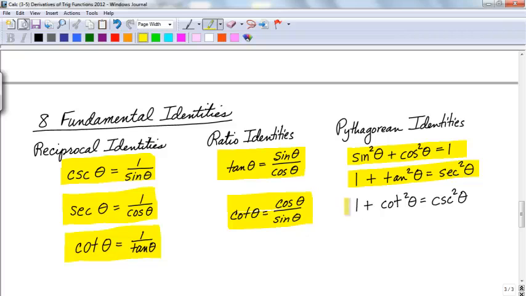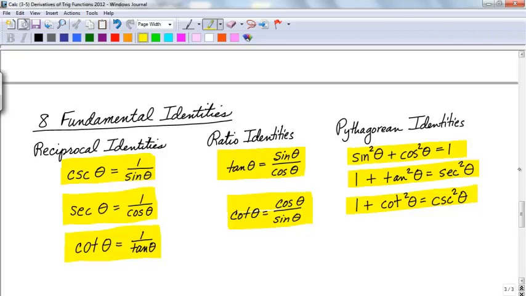And then the last one of the 8 fundamental identities is 1 plus cotangent squared theta equals cosecant squared theta. Okay. And those you need to get into your notes. You can pause the recording if you need to write those down.